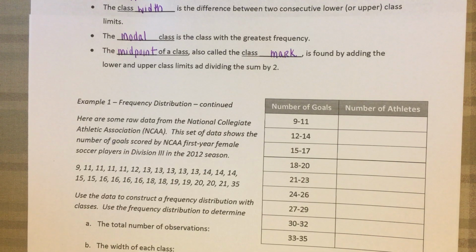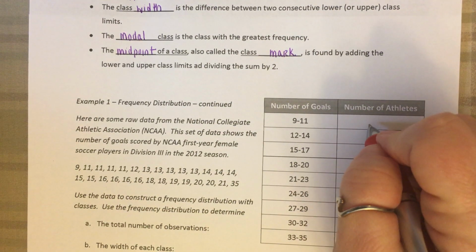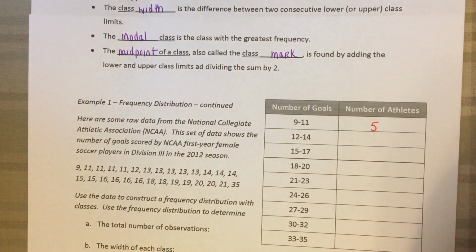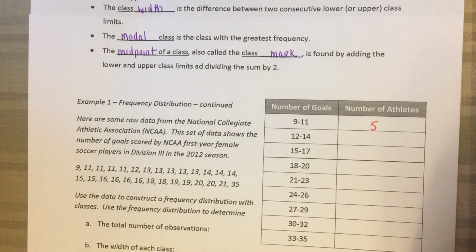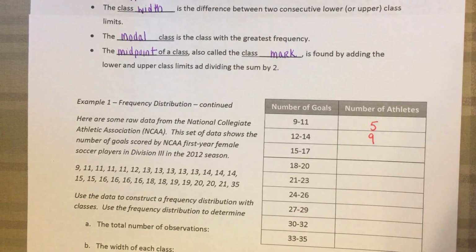All right, so in the class from 9 to 11, we have 1, 2, 3, 4, 5 values. 12 to 14, we have 1, 2, 3, 4, 5, 6, 7, 8, 9 values.